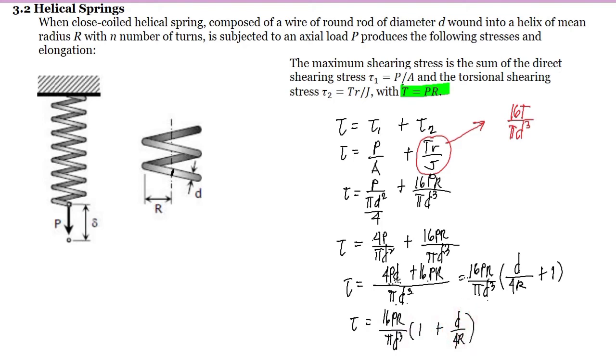This formula neglects the curvature of the spring, and this is used for light springs where the ratio of d over 4R is small.